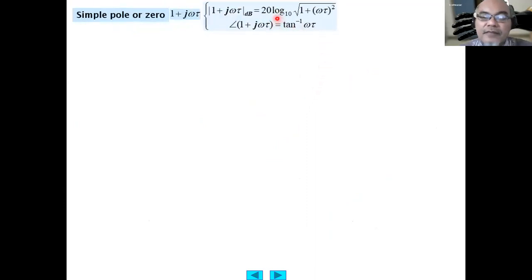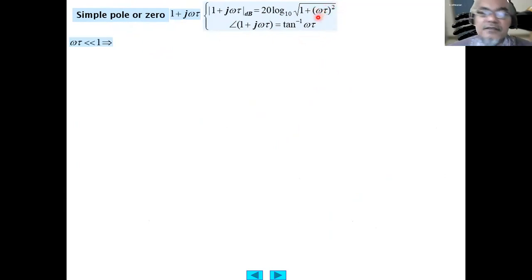Then this will be equal to 20 log square root of, because this is a complex number, real with imaginary. So the magnitude will be the square root of 1 plus omega tau squared. The phase angle will be arctangent of omega tau divided by 1.